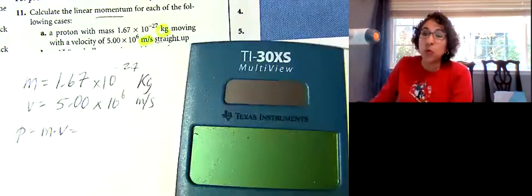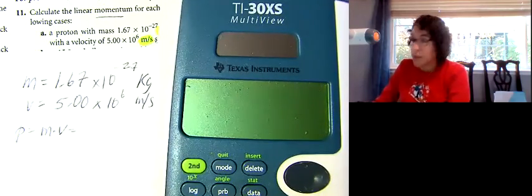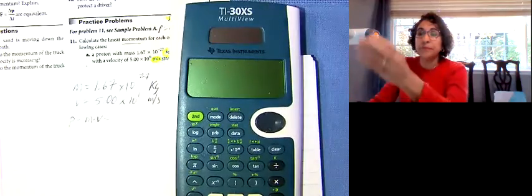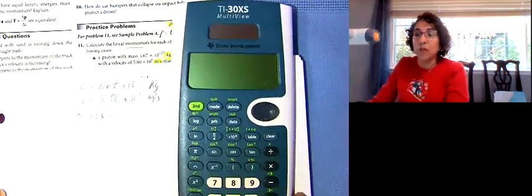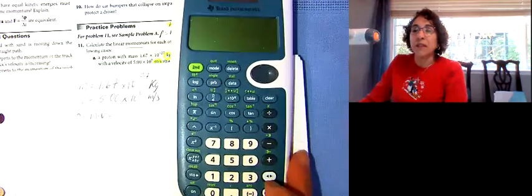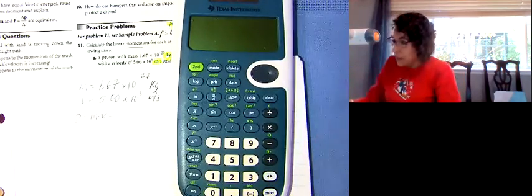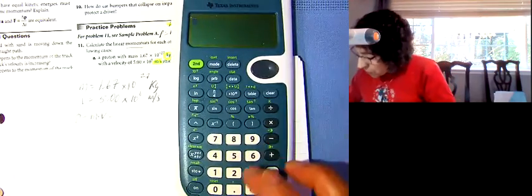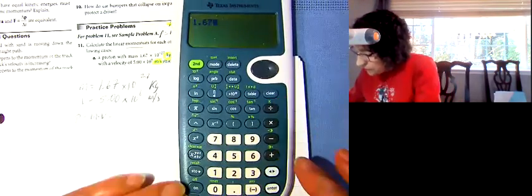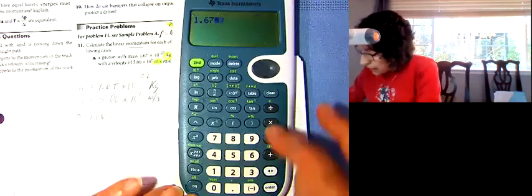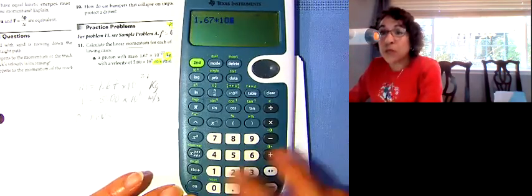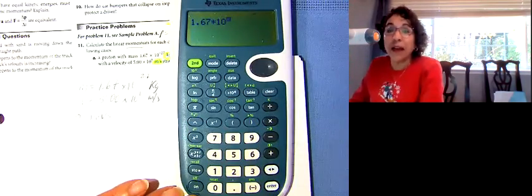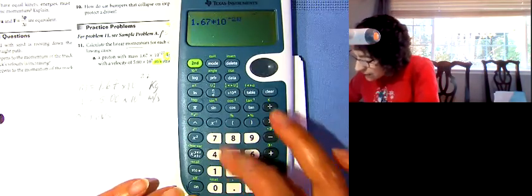For those of you who need a review on how to use the calculator, let me make this smaller. You can see what I'm going to do here. The first one, 1.67, times 10, and I'll use the caret, negative 27.